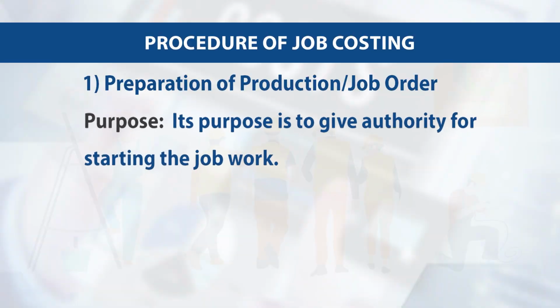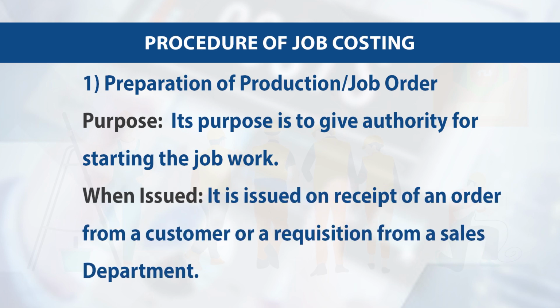It is assigned a particular number called job number. The purpose is to give authority for starting the job work. It is issued on the receipt of an order from a customer or a requisition from a sales department.